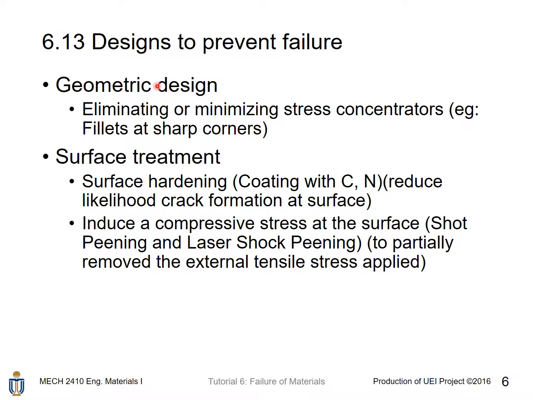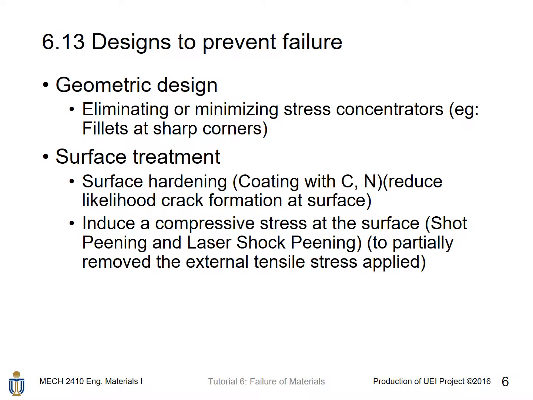Actually, we can have some designs to prevent failures. The first thing is geometric design. As we have already introduced the stress concentration factor at positions around some geometric features, for example at sharp corners, there is likely to be a stress concentration, where the applied stress will be amplified.